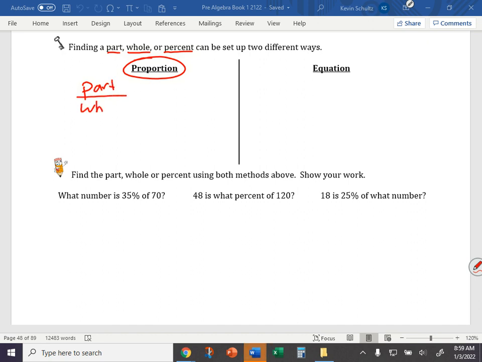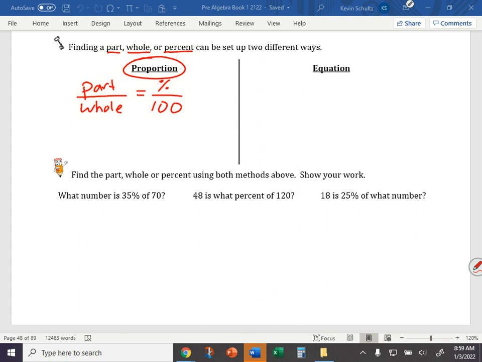Part divided by whole equals percent over 100. The part divided by the whole equals the percent over 100.